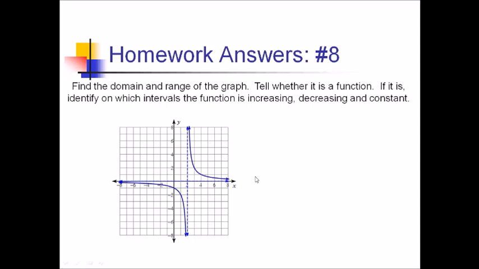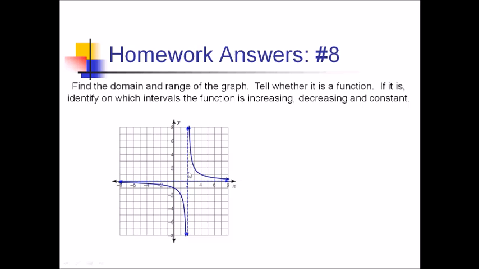For number 8, on the domain, this one's a little trickier than the others. We're clearly going left forever and right forever, so we're beginning at negative infinity and ending at positive infinity. But there's this x value 2 that we can never quite get to. As we go down, as we go to the left, either way, we can't really touch this.